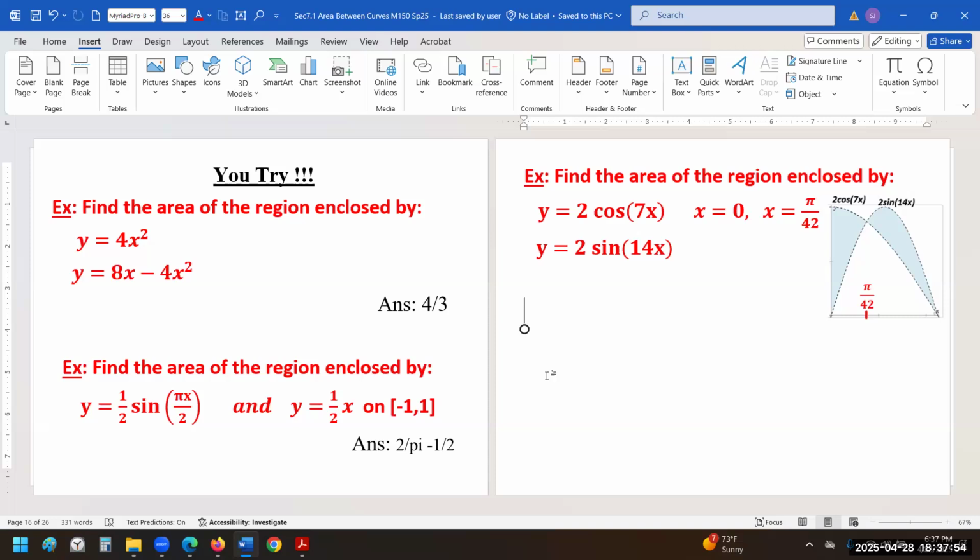Sorry, it's 14 minus. There's a typo. This is 14.